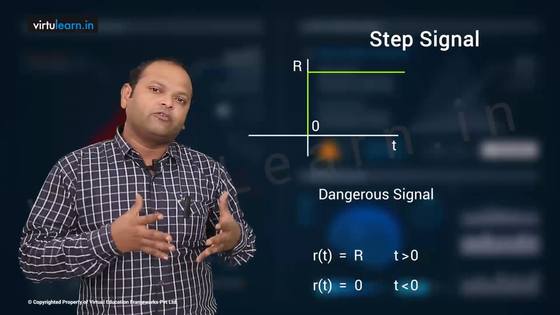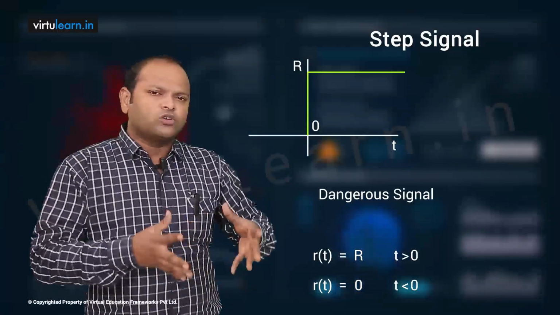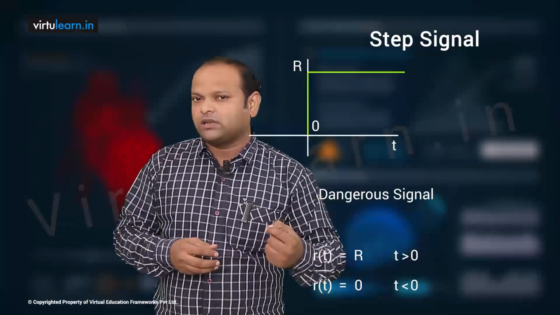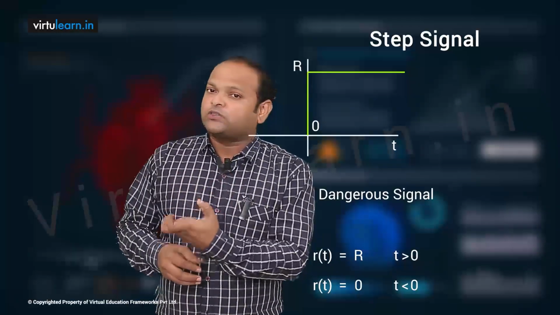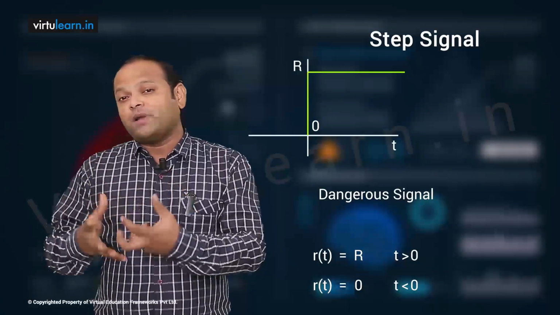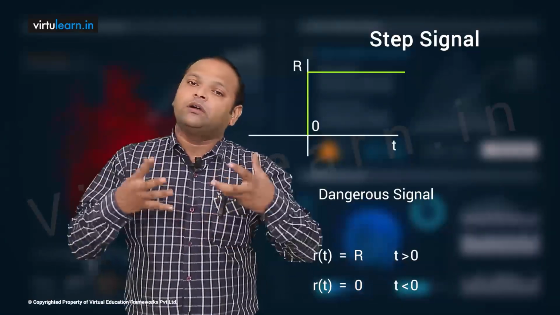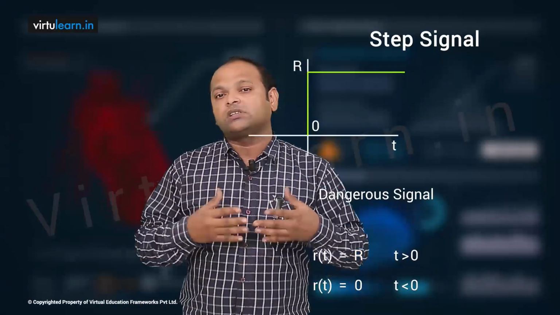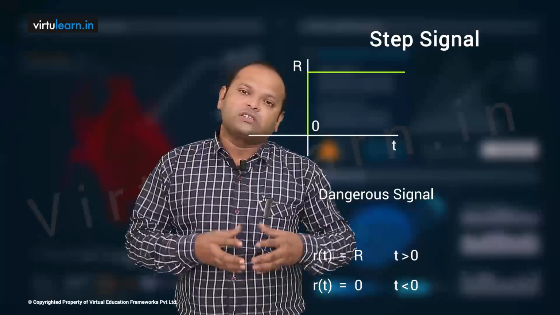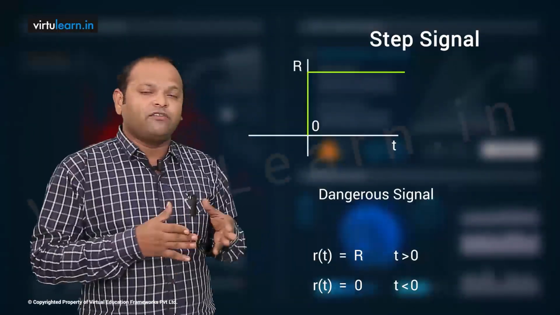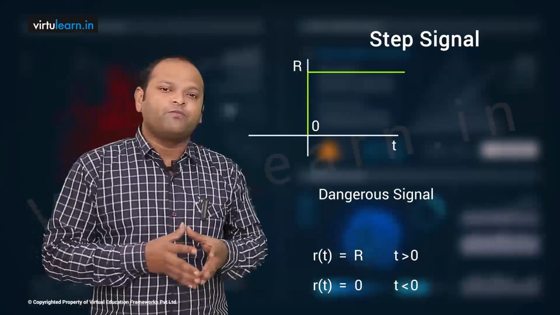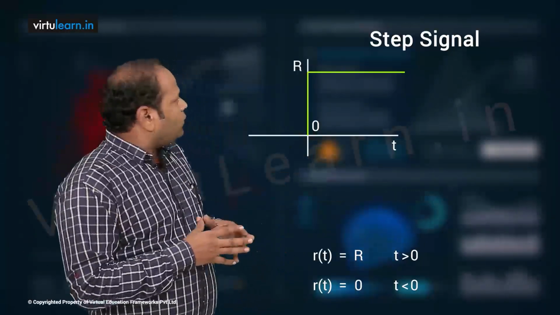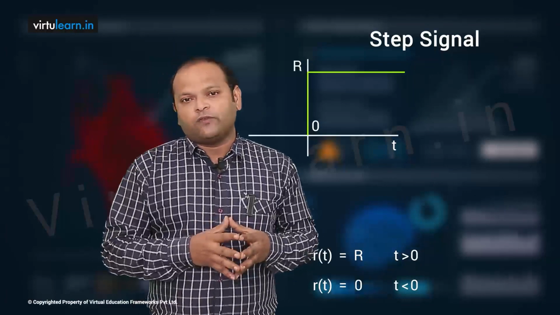Something like that is a step signal. For most of the responses we give the step signal. From the step response we take the performance indices and look at how the system is performing. If the system performs well for the step signal, then we can say that it can perform well for all other signals.